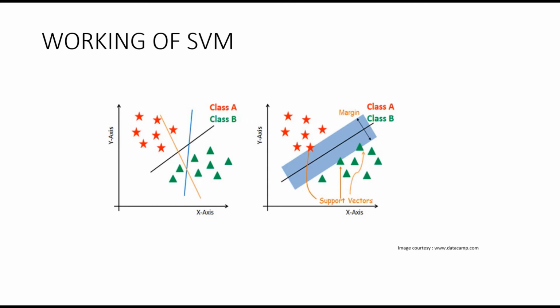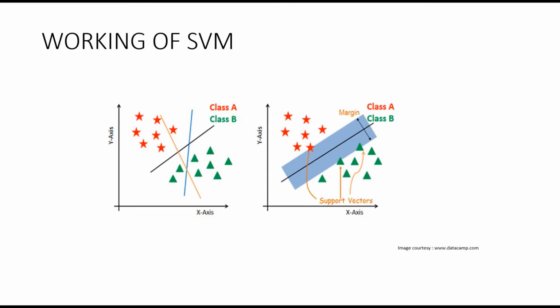First step, generate a hyperplane which segregates the classes in the best way. If you see the left hand side figure, it shows three hyperplanes, black, blue and orange.